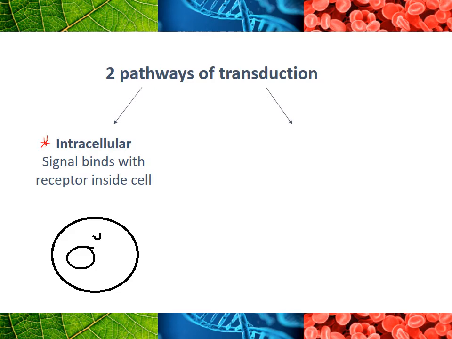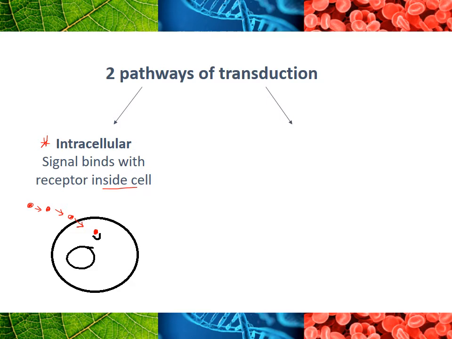And this is when the signal binds with the receptor that is inside the cell. So let's say, for example, I've got a signal. This molecule is traveling and it goes through the cell and it binds with a receptor inside the cell. Okay, so that is an intracellular pathway.